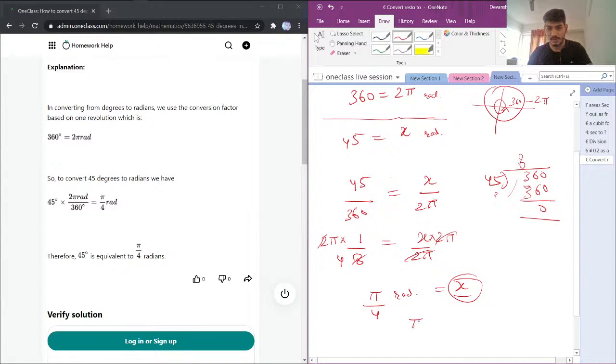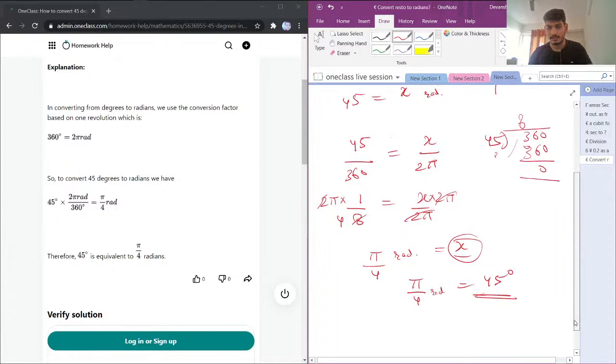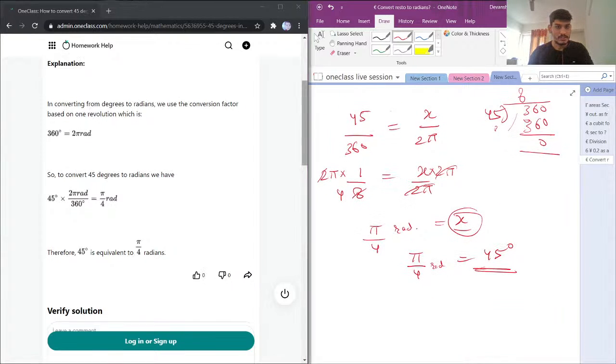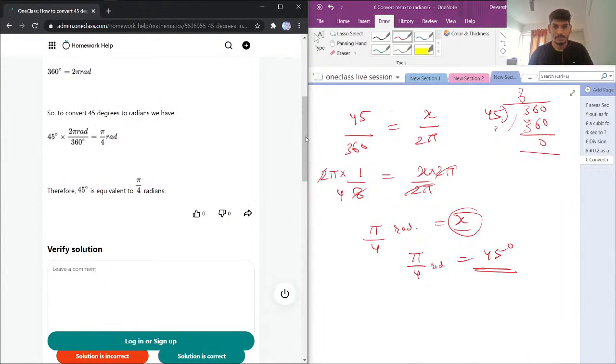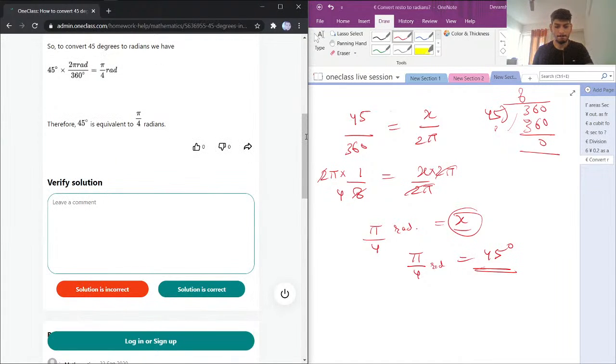So we have converted: pi by 4 radian is equal to 45 degree. So let's see, 45 degree is pi by 4. This is also a correct solution. Great job.